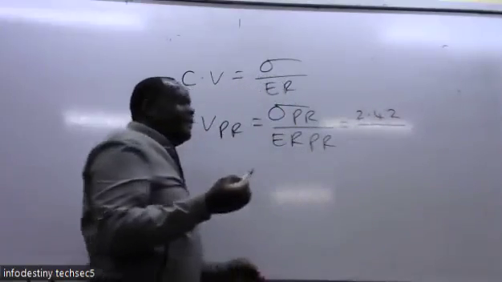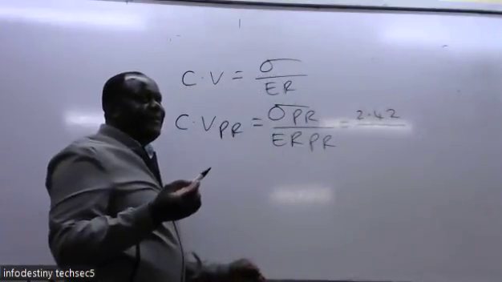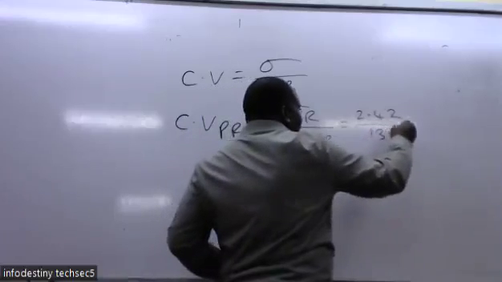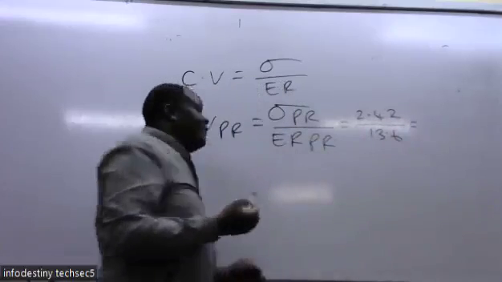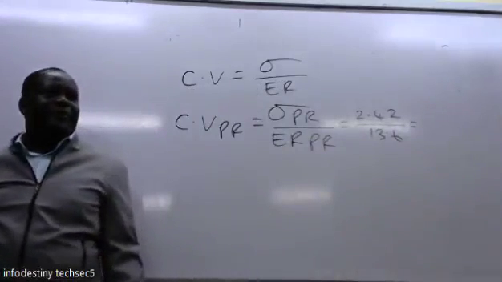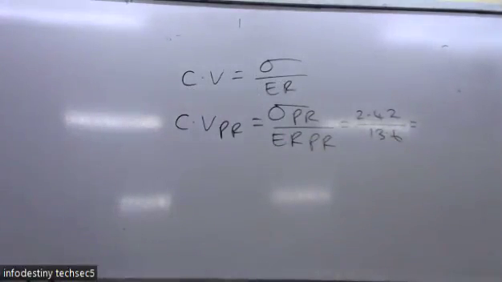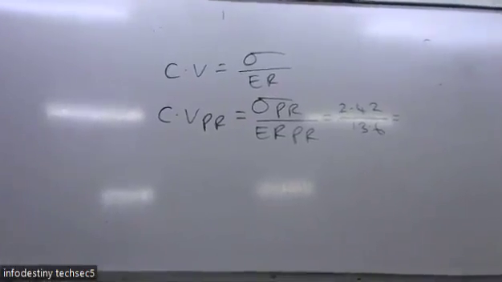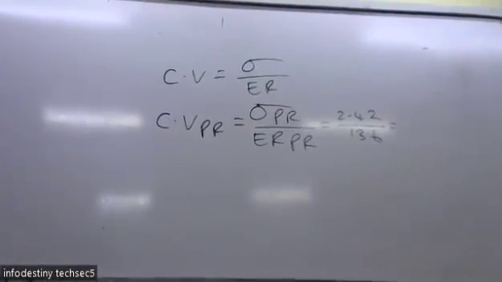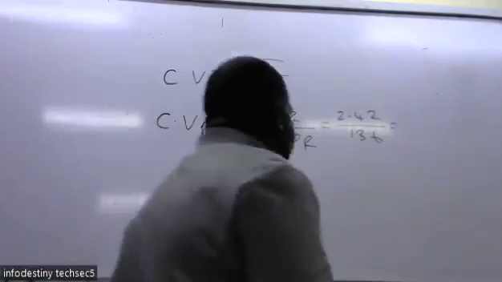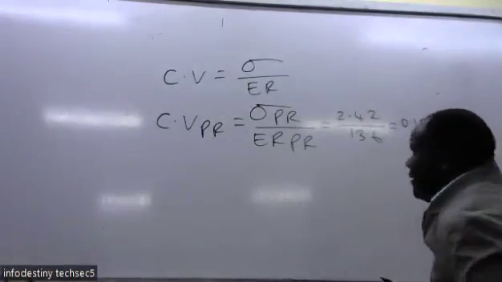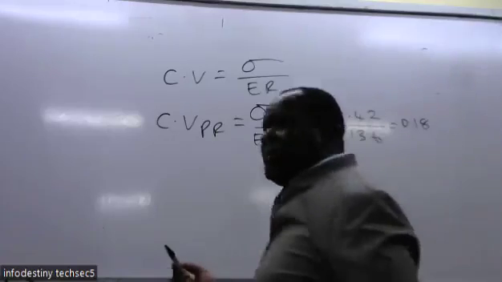Then the expected return was 13.6. That gives you the coefficient of variation of the first combination. Rounding off to two decimal places, 0.18.